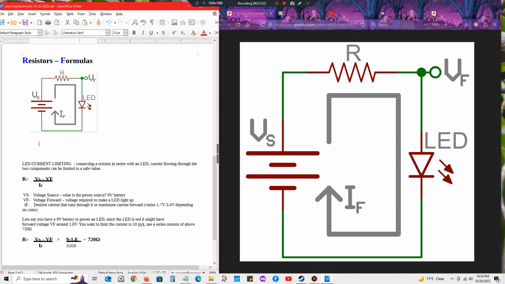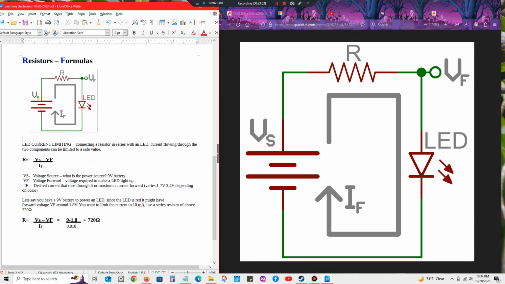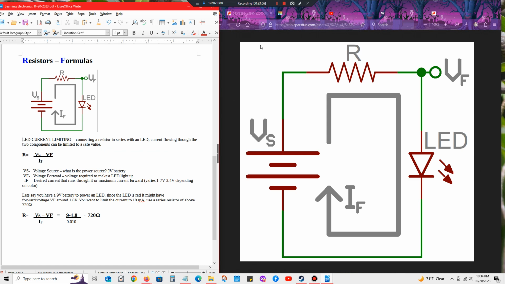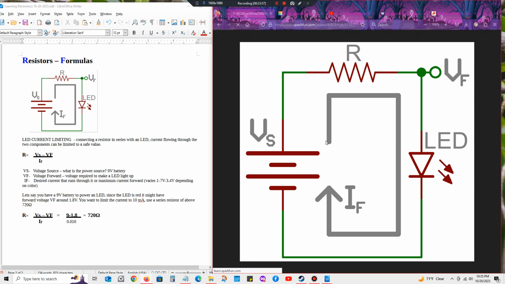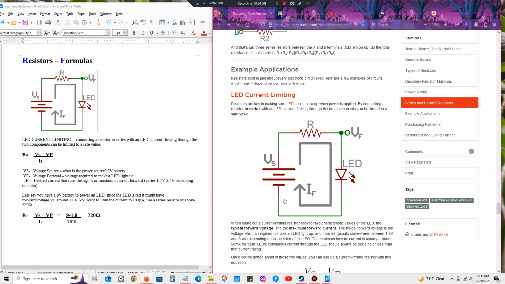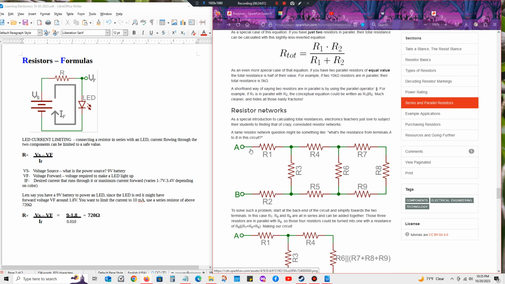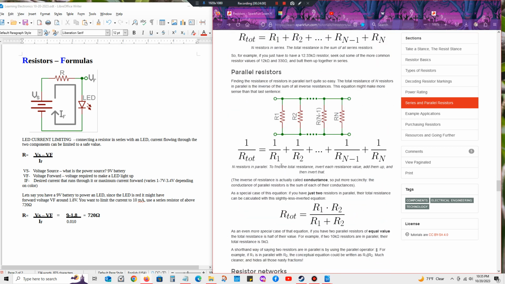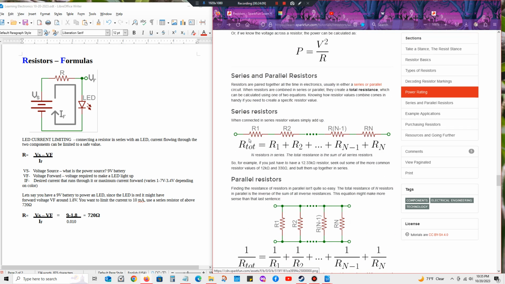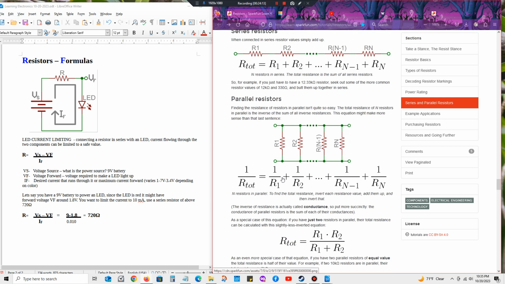Obviously I'm not. So I just have to open the image in okay. This is cool, resistor networks. I'll probably just add all this at the end of the video. Series resistors, parallel resistors.